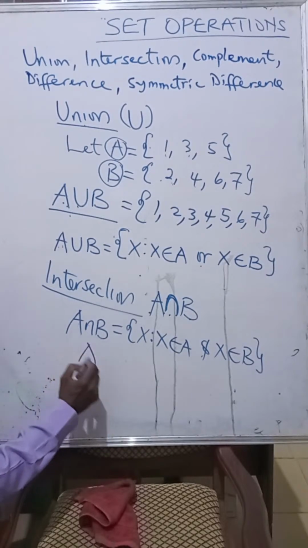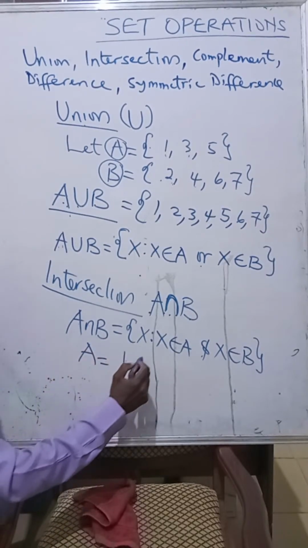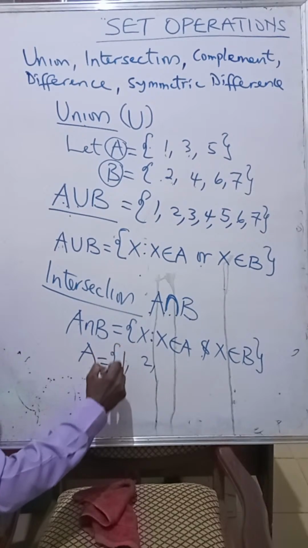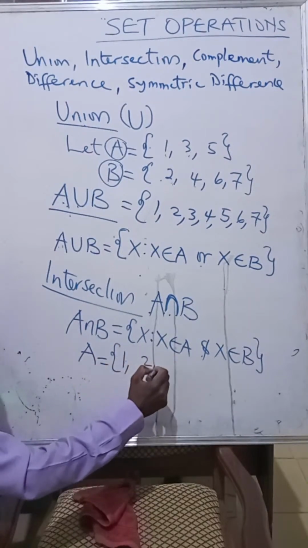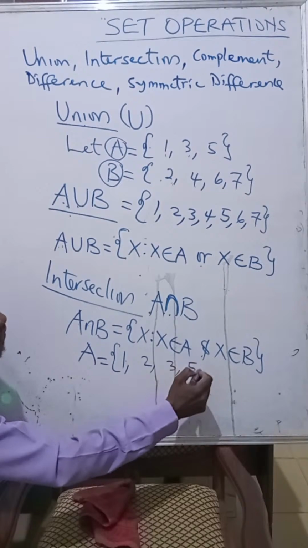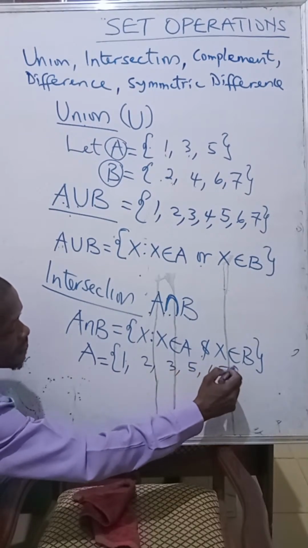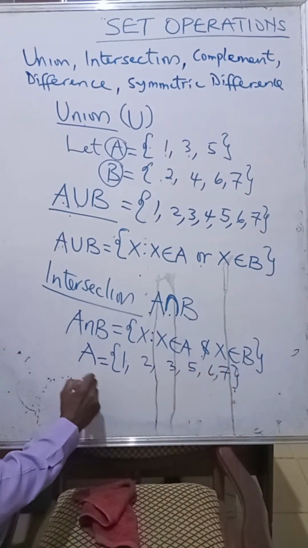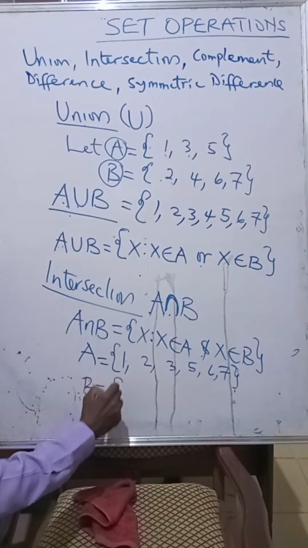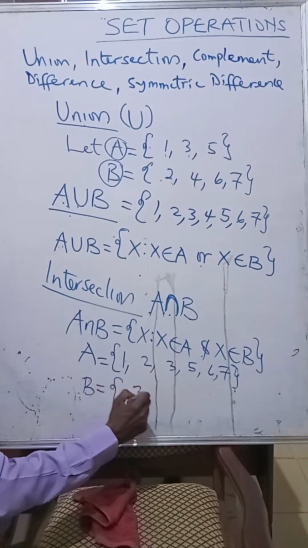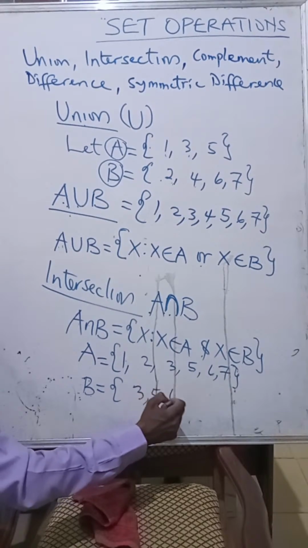If set A is the set of the elements 1, 2, 3, 5, 6, 7, and set B is 3, 5, 6.